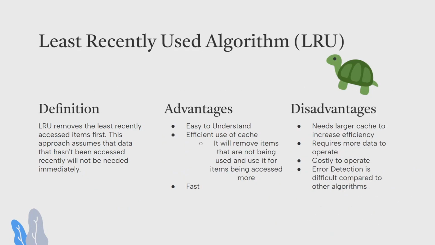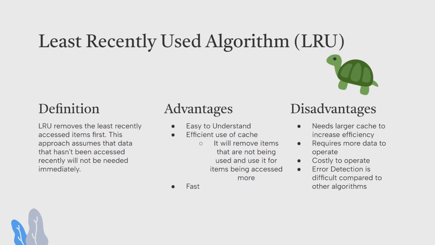So this is one of the algorithms. This is the least recently used algorithm, also known as LRU. As discussed before by Maria, LRU removes the least recently accessed items first. The advantages are that it's easy to understand, it has efficient use of caches, and it's fast in terms of performance.